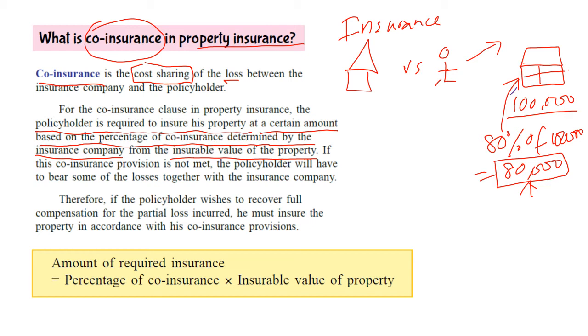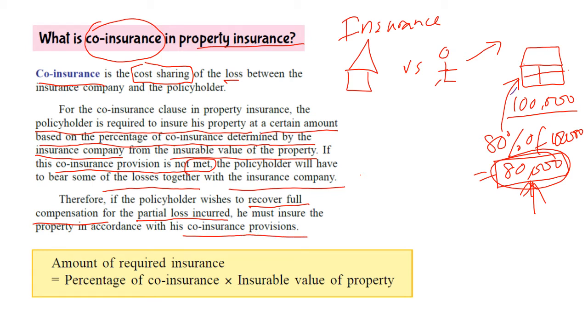Okay, if the co-insurance provision is not met, you don't insure your house for 80K, the policyholder will have to bear some of the losses together with the insurance company. Therefore, if the policyholder wishes to recover full compensation for the partial loss incurred, he must insure the property in accordance with the co-insurance provision.